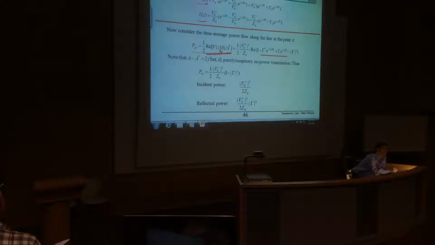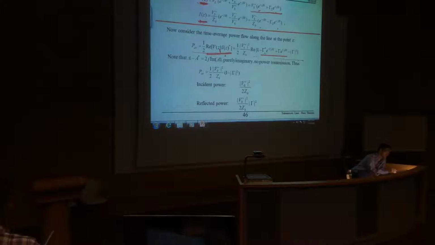This is the total voltage along the transmission line and total current along the transmission line, meaning incident and reflective. Then we sum into this equation. Turns out we have this.